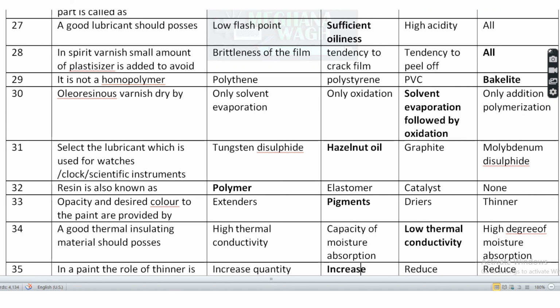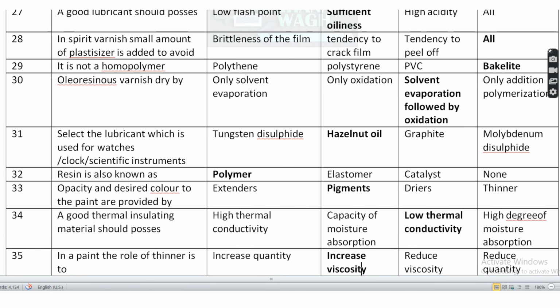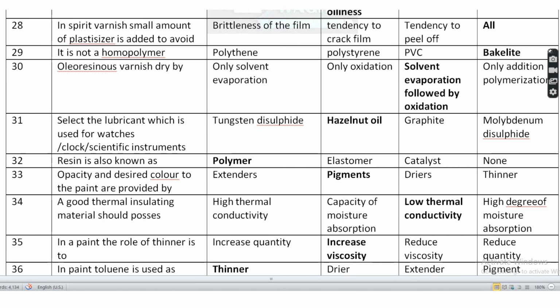Bakelite is not a homopolymer. Oily resinous varnishes dry by solvent evaporation followed by oxidation. Select the lubricant which is used for watches, clocks, scientific or delicate instruments. Hazelnut oil is the lubricant which is used for these delicate instruments.